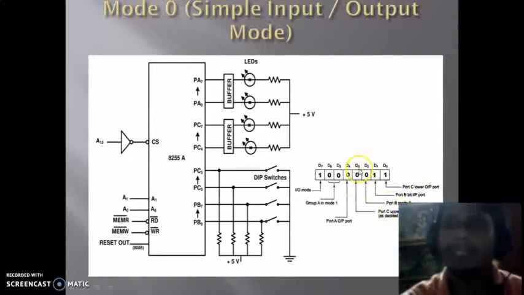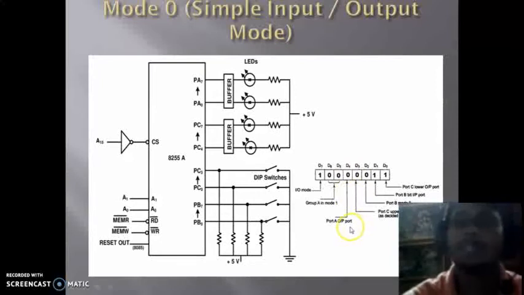And here the D3 bit provides the status of port C upper, and here it is used as output, so that will be equal to 0. And D4 provides the status of port A, whether it is used as input or output. Here the LEDs are connected with port A, so that will be equal to 0.